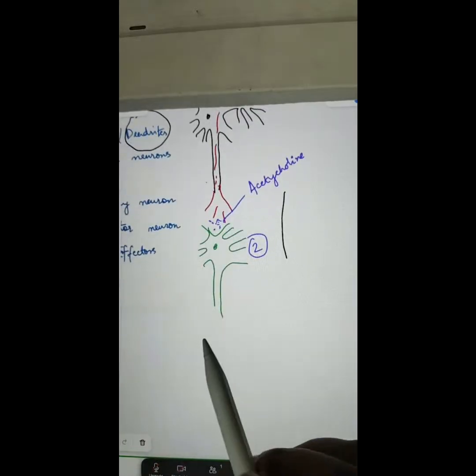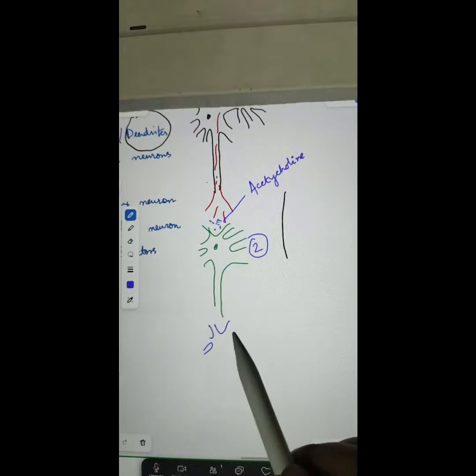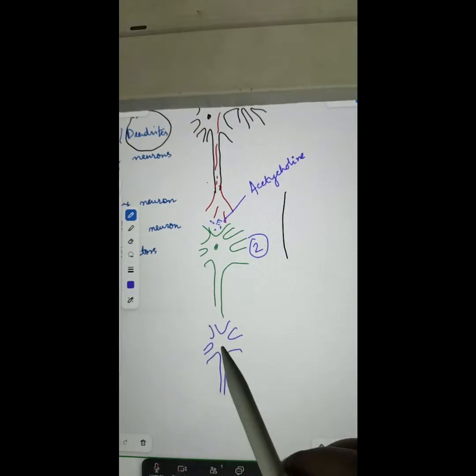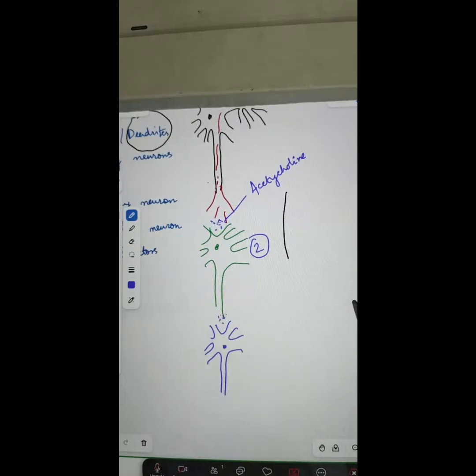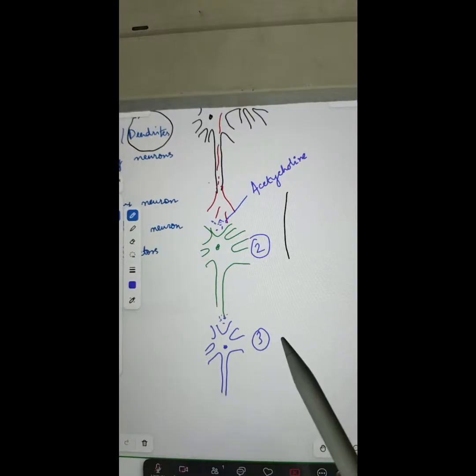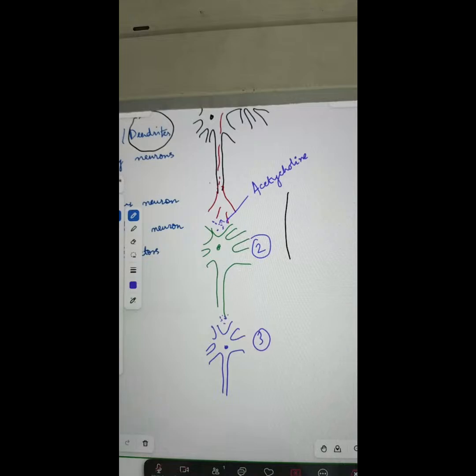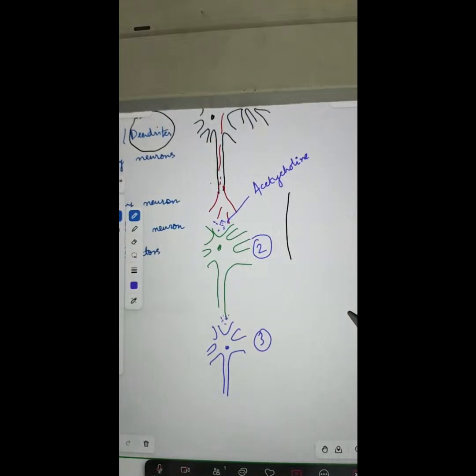Again, it will come to the third neuron, right? So this is the third neuron that I am drawing right now. Again, the chemical will be released here, and it is known as chemical synapse. Then again, when it moves to the third one, it will again become an electrical impulse. So the electrical impulse will be passing along, and in the synaptic region the chemical will be released, right?